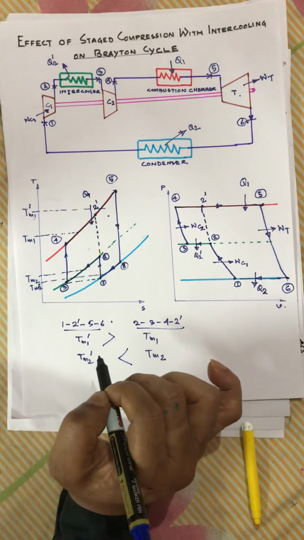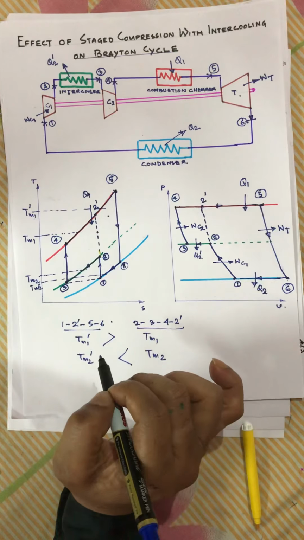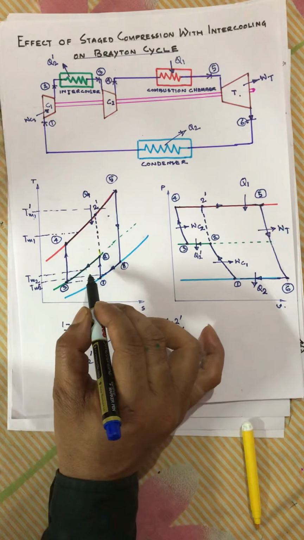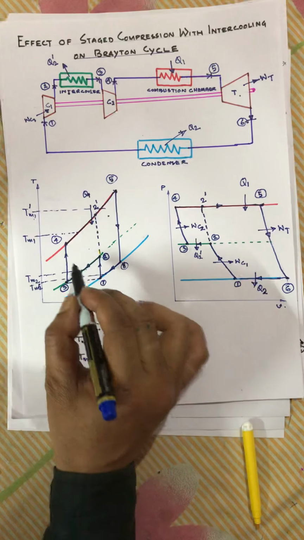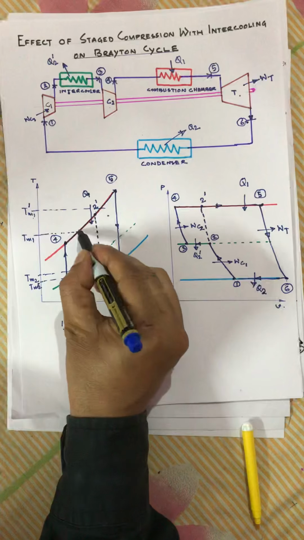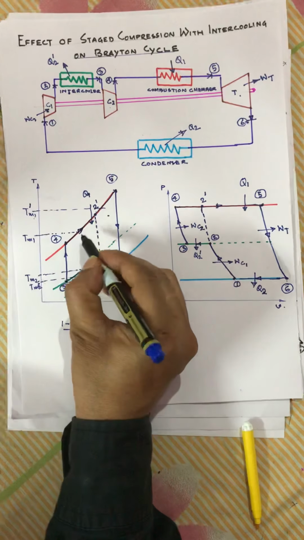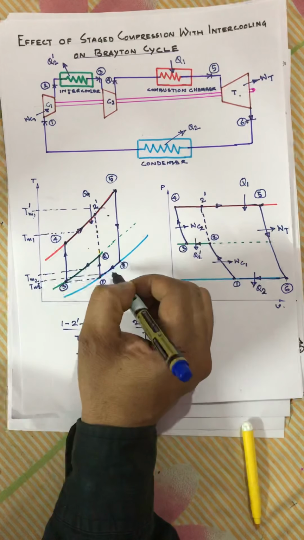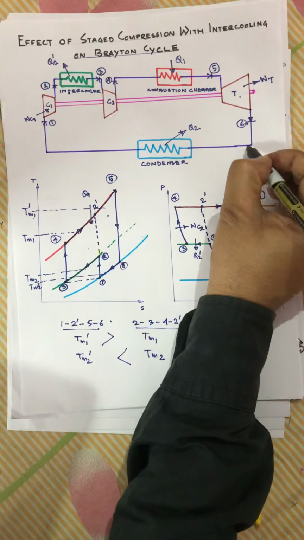But if a regenerator is used, the low temperature heat addition, that means the heat addition between 4 to 2 dash, can be achieved by the exhaust gas.